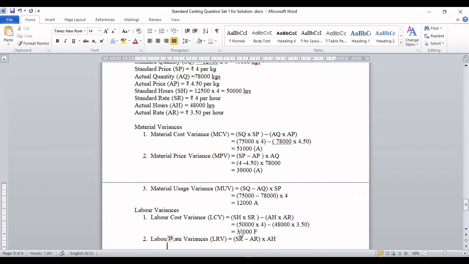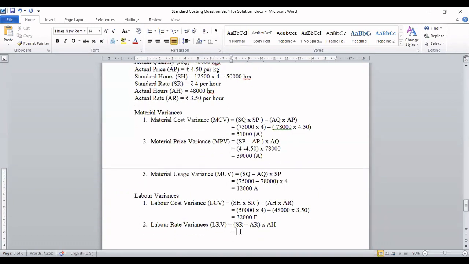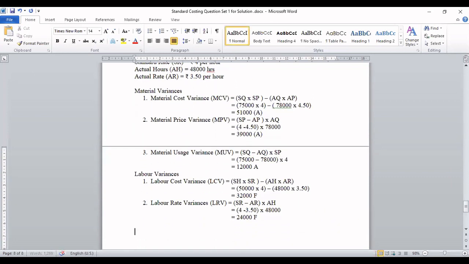Now replace the values: 4 minus 3.50 into 48,000. The value is 24,000 favorable.